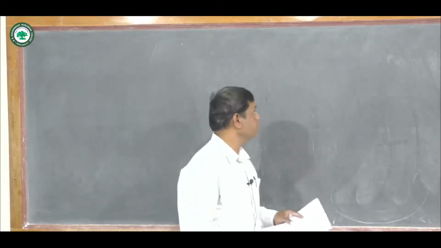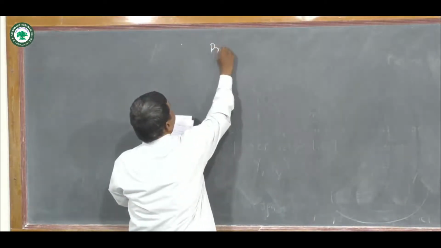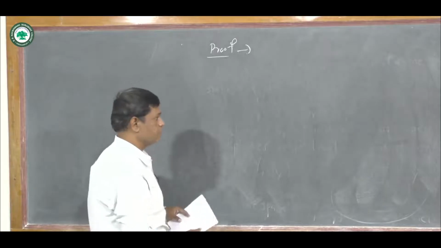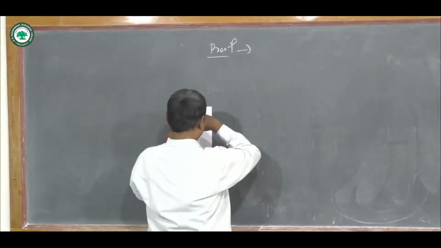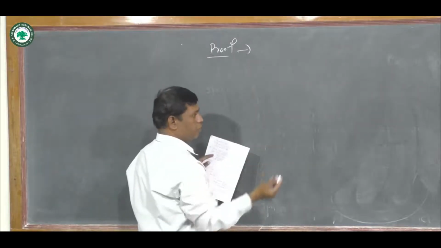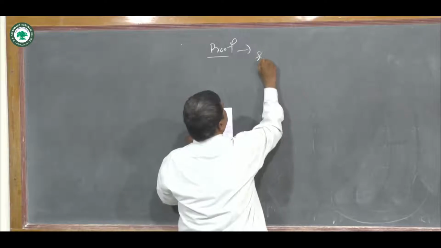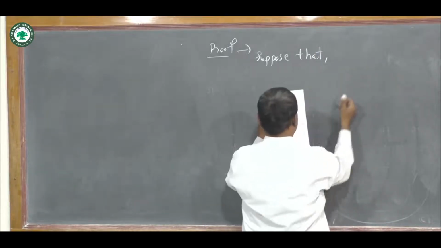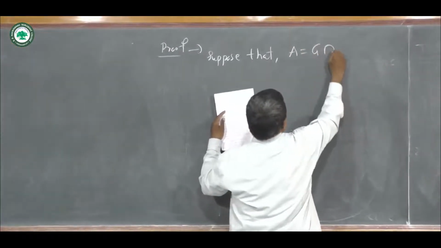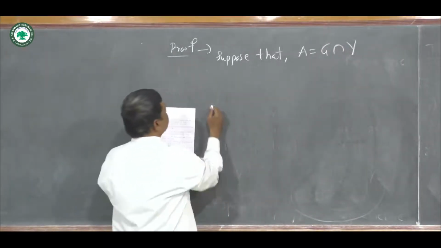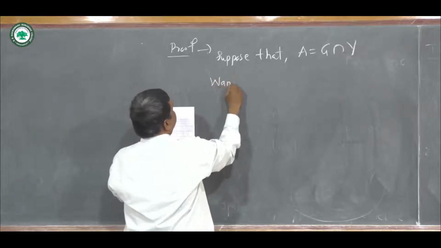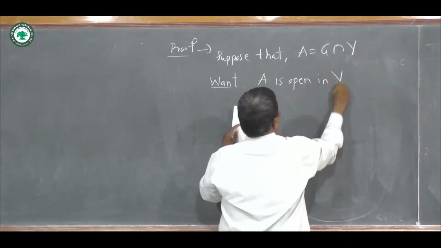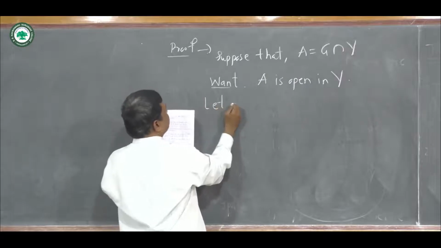Now the first statement is that A is open in Y if and only if there exists an open set G in X such that A is equal to G intersection Y. To prove that, first suppose that A is equal to G intersection Y. Now we want to show that A is open in Y. So we write: let x belong to A.